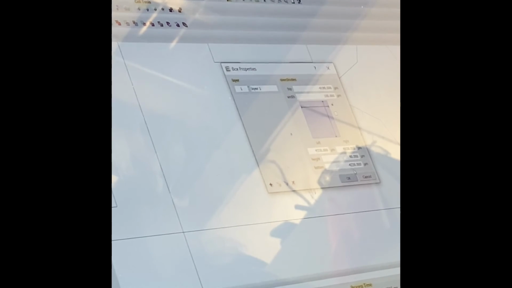So how big are these? These I would make much smaller, like only 10 micrometers wide.